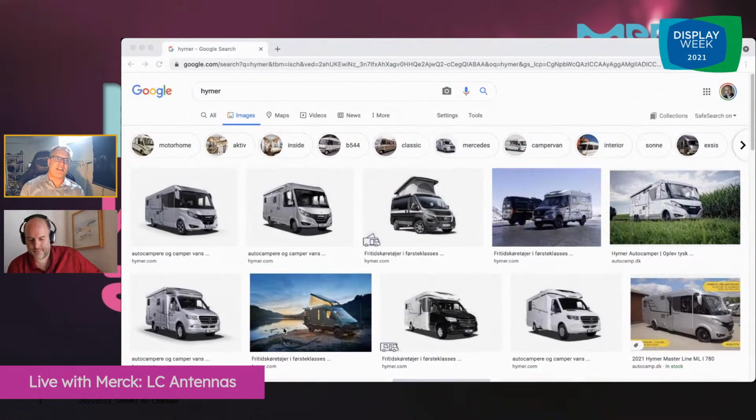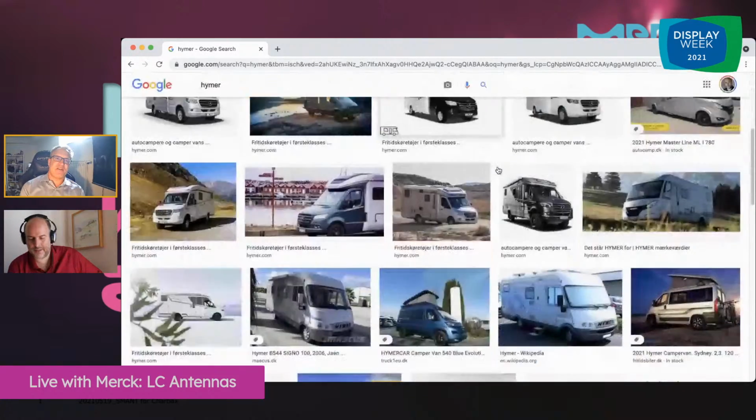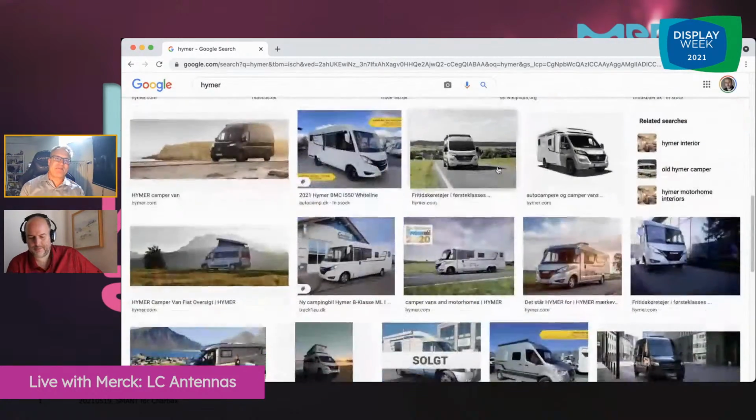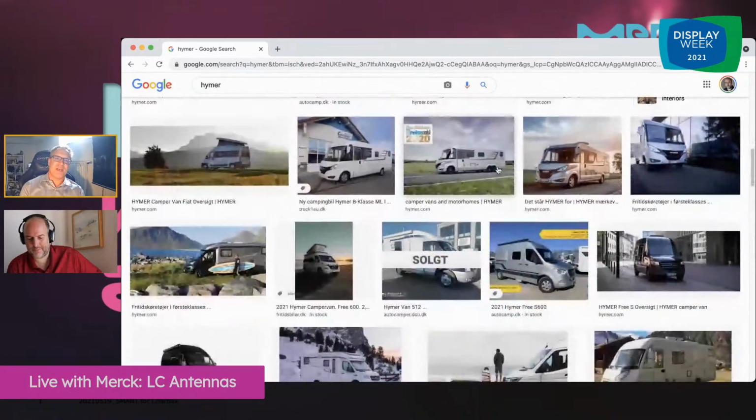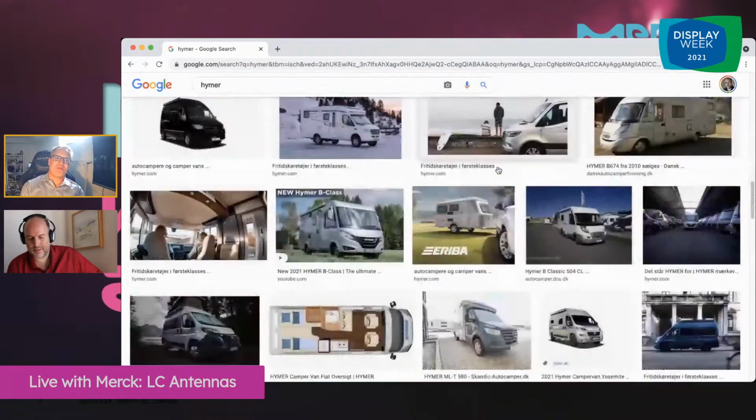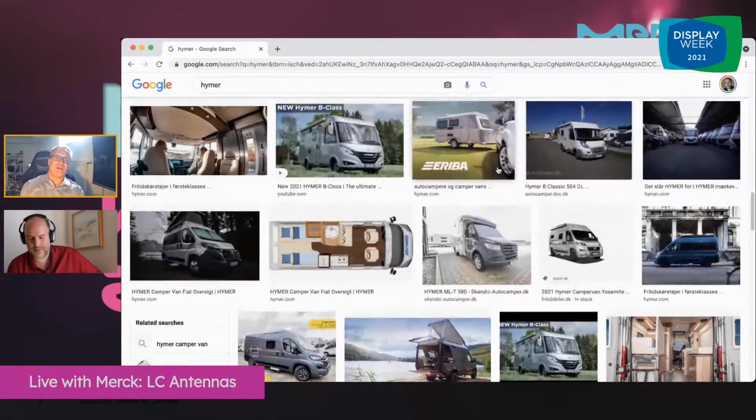Because a lot of people are moving out of the cities into rural areas, having the home office there, and this antenna technology provides a very good means to stay connected and to be able to work anywhere you want, right?